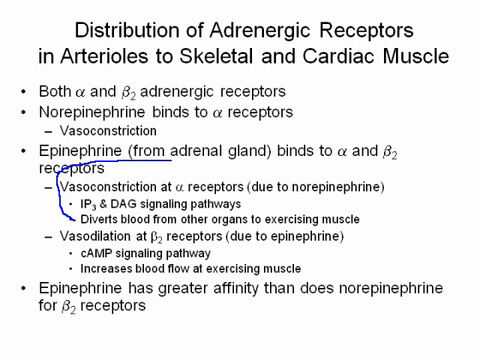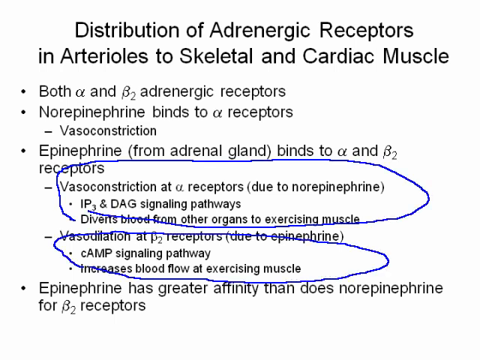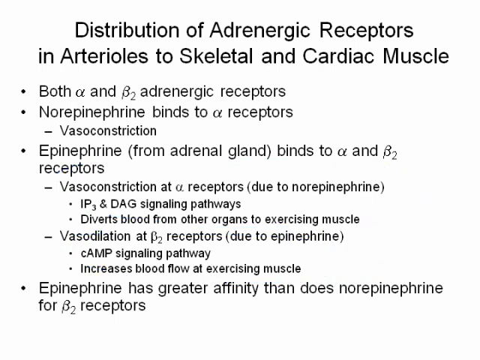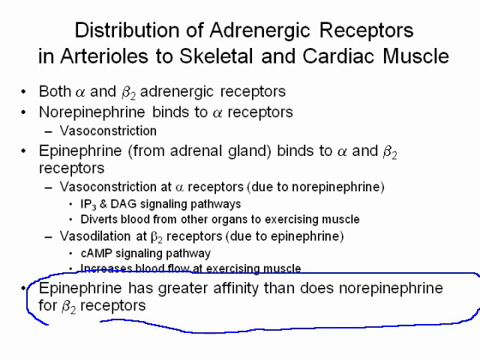So this is how we can increase resistance in some blood vessels and decrease resistance in others, providing blood flow to the muscle that's exercising, to the muscle that has a higher metabolic demand and therefore needs more blood flow. This is in part due to the fact that epinephrine has a greater affinity than norepinephrine for beta-2 receptors.